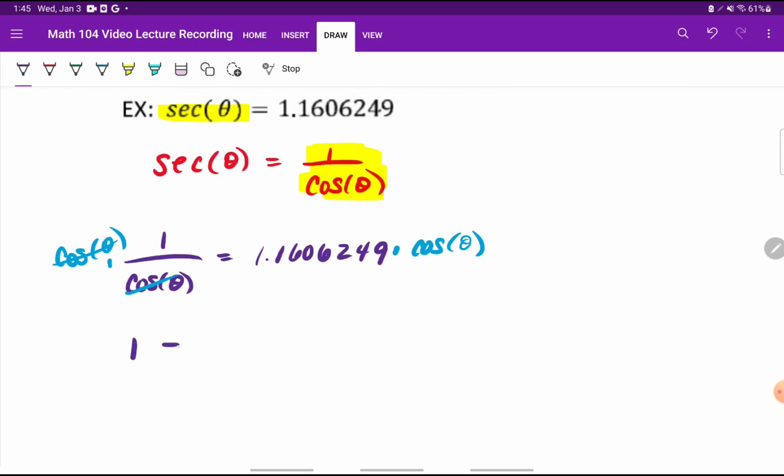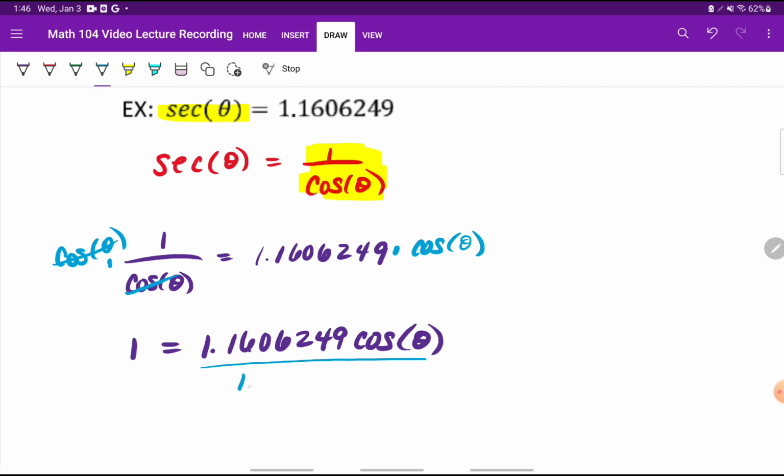Which brings us to 1 equals 1.1606249 cosine of theta. We're going to isolate the cosine of theta by dividing by this coefficient here.